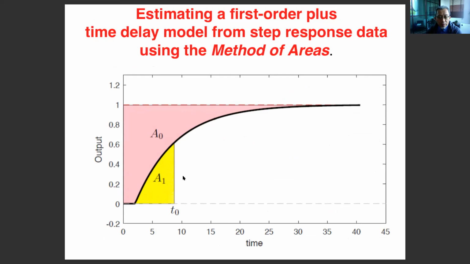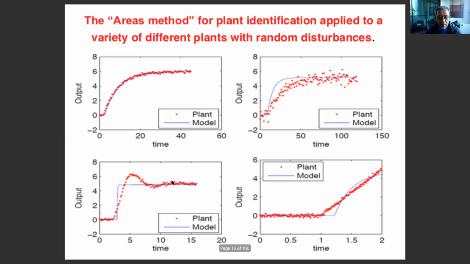After we calculate the areas, we plot the response. You can see that we have several responses here. The first one is the plant, with the real data in red and the estimated model in blue, which is very good. This one is not very good; the blue line doesn't fit the red data well.